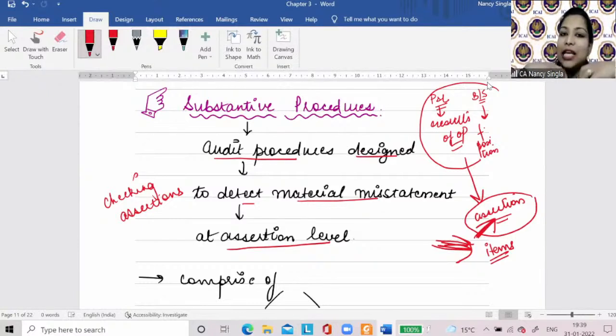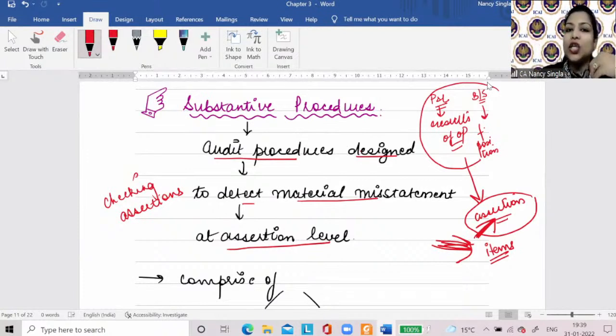We as auditors have to give an opinion on the financial statement as a whole, whether the P&L is showing the results of operations correctly or not, whether the balance sheet is giving the true and fair financial position or not. But such financial statements are prepared by putting together various financial information or items, or I can say assertions.